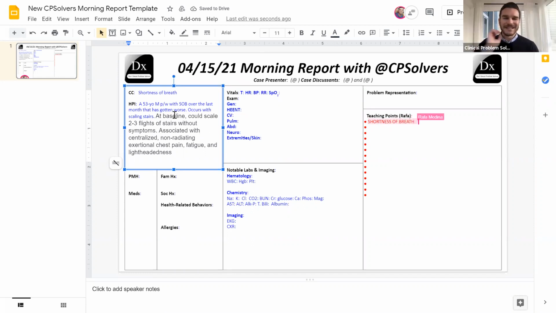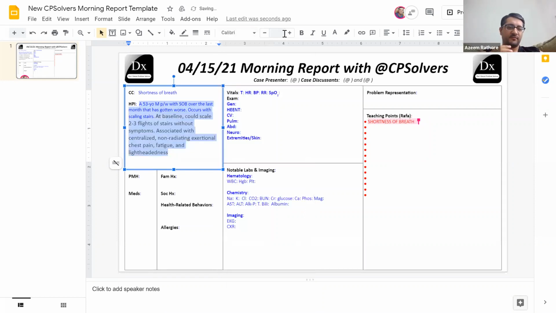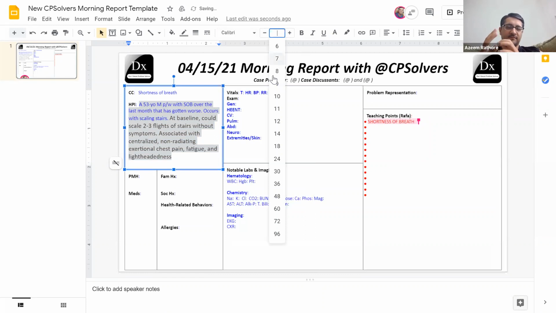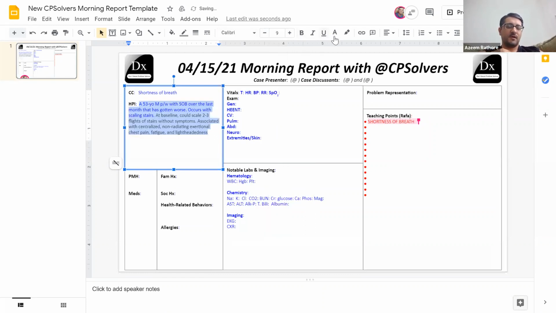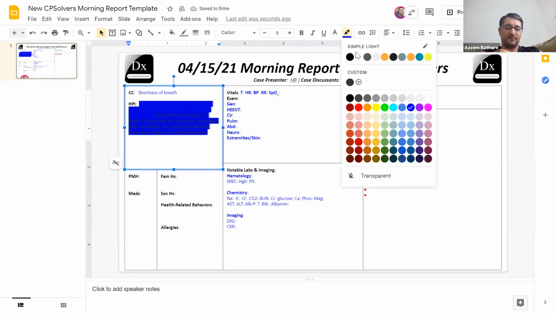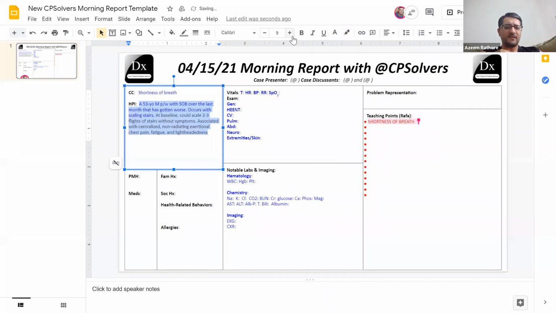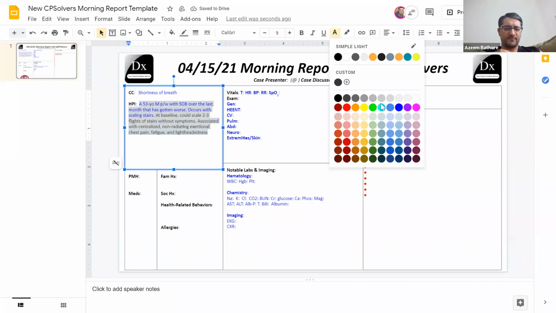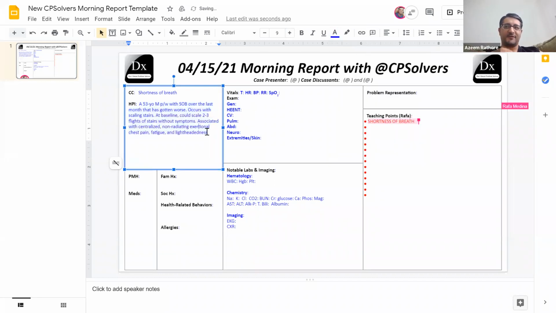All right. Azim, take it away. Yeah, so the first thoughts that come into my mind with shortness of breath, I think organ systems. So pulmonary and cardiac come to mind as the two areas that I'm honing in on. I don't want to anchor too early on cardiac, but even with the flight of stairs and the chest pain, the non-radiating, I feel like this is leaning right now towards a cardiac workup.